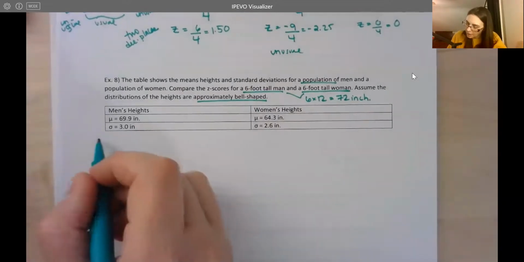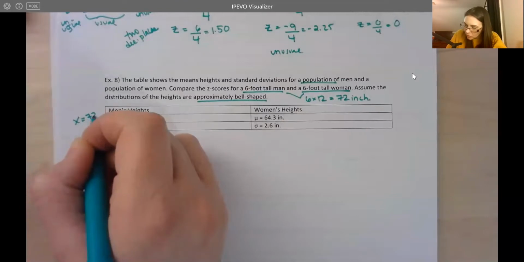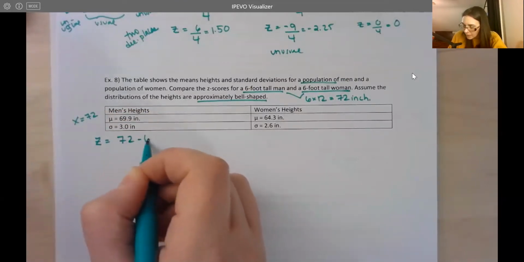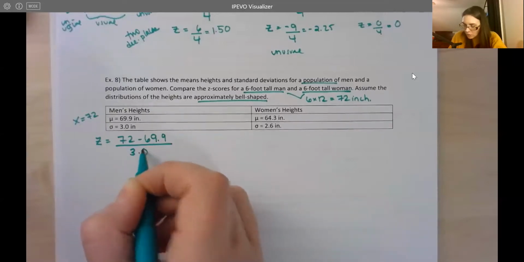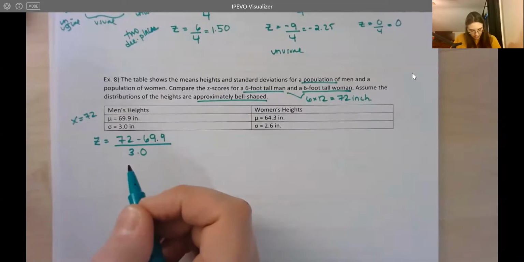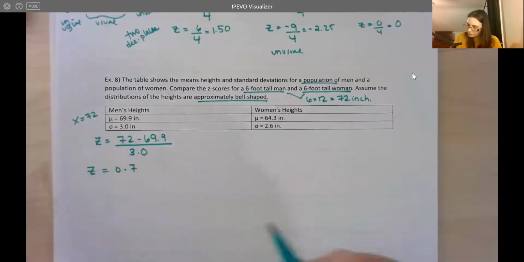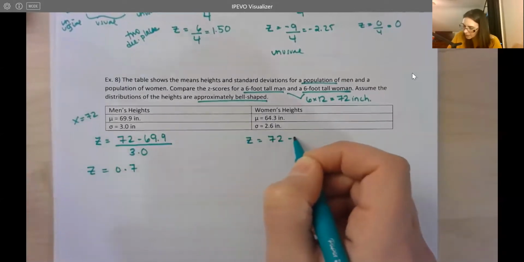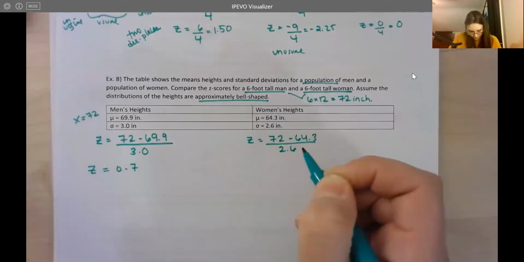So let's do the men here. And again, my x value here is 72 inches. So I'm going to take my x value, I subtract it with the mean, and I divide it with the standard deviation. And let's see, what do I get here? I get 0.7. For this one, again, I take my 72 and I subtract it with the mean, and I divide it by my standard deviation.